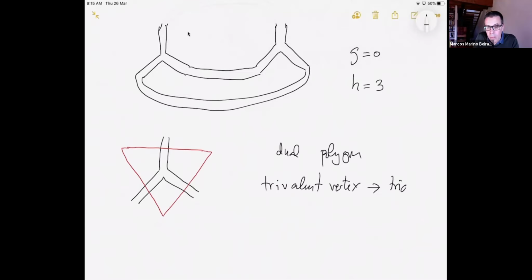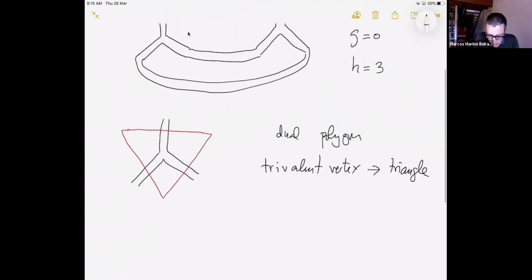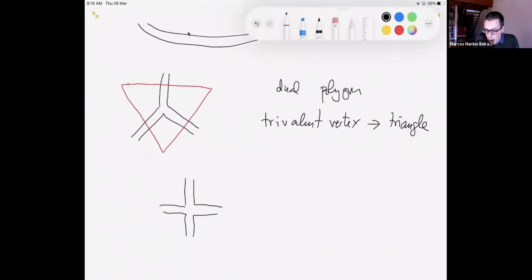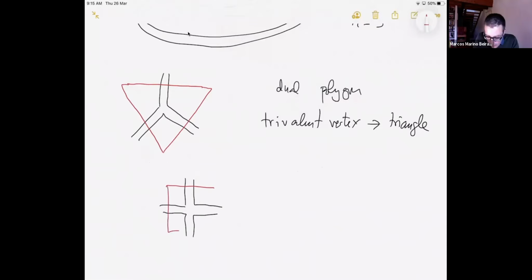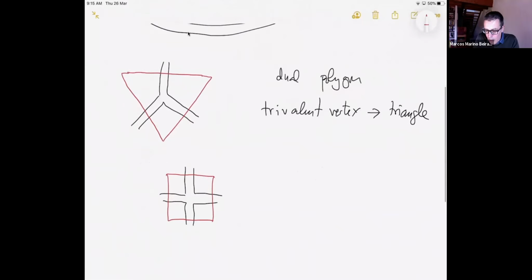Now, generalizing, if, for example, we have a tetravalent graph like this, this will have a dual graph, which is a square. Okay. So this is the way it works.